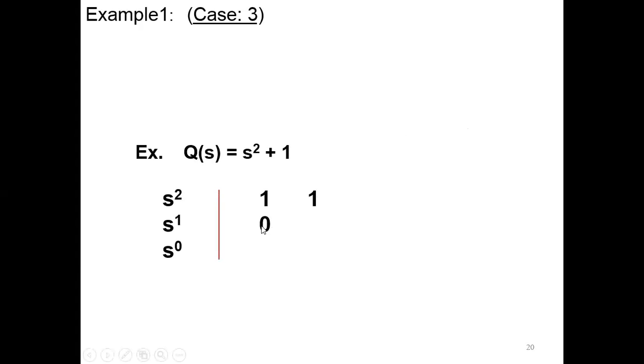Now what we will do, we will take the auxiliary polynomial. The polynomial above the row of 0 is called the auxiliary polynomial, and we will differentiate this auxiliary polynomial and write the coefficients of the differential of the auxiliary polynomial into this row of 0.